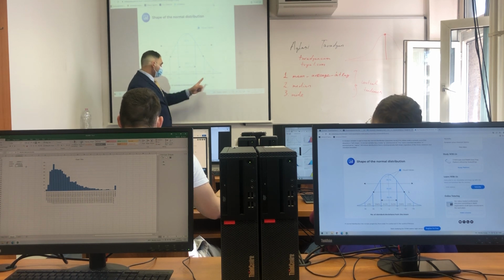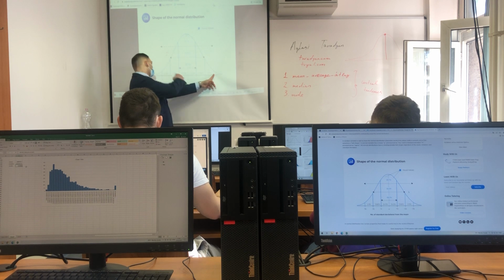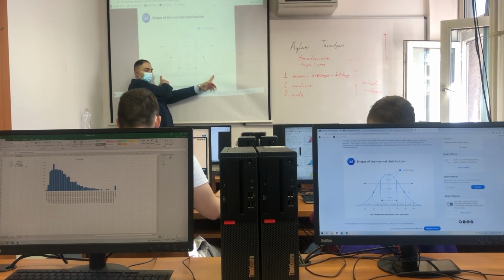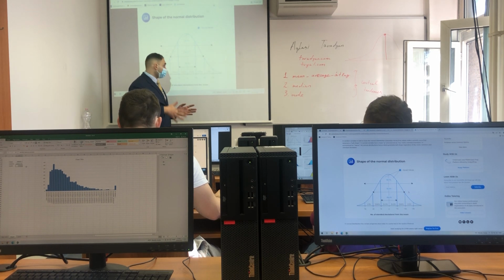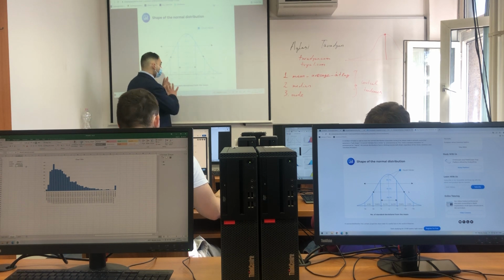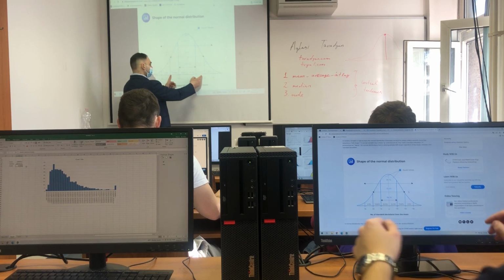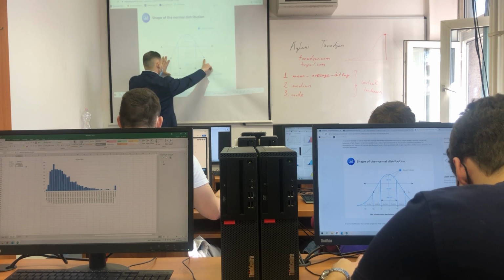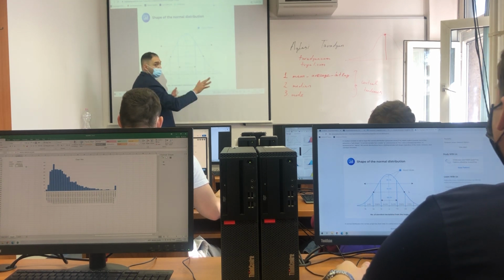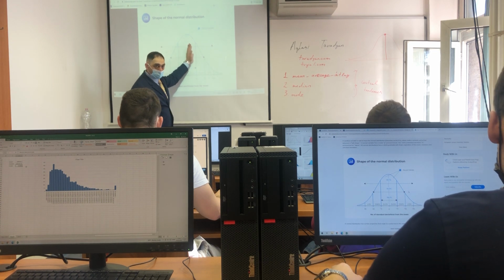If you sum two things that have equal probability and divide by 2, you'll be here. The same is true for all other points. If you sum the things that are at equal distance from the middle, which have equal probability, and divide them by 2, you'll be in the middle. So our mean is in the middle.